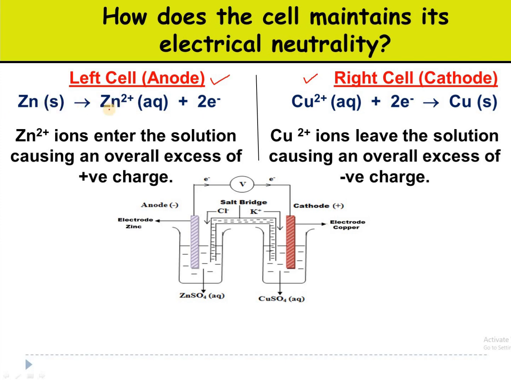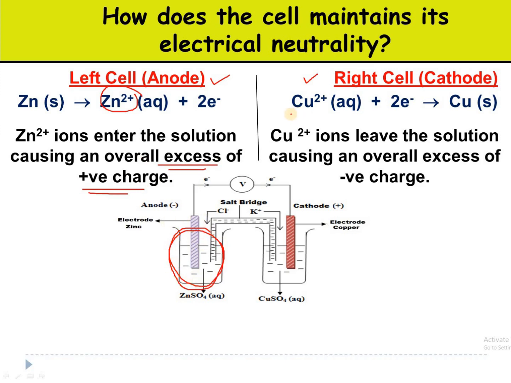Solid zinc produces zinc 2 plus ion and loses 2 electrons. After the reaction, zinc 2 plus ions enter the solution, causing an overall excess of positive charge. At the anode, the solution has an excess of positive charge.